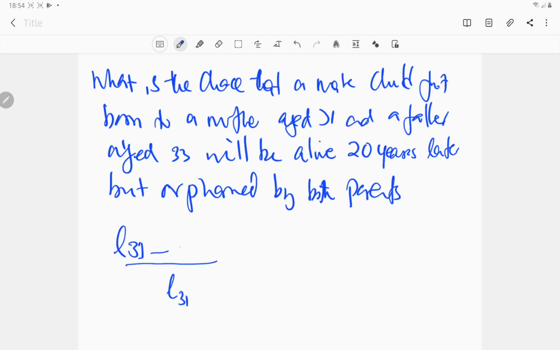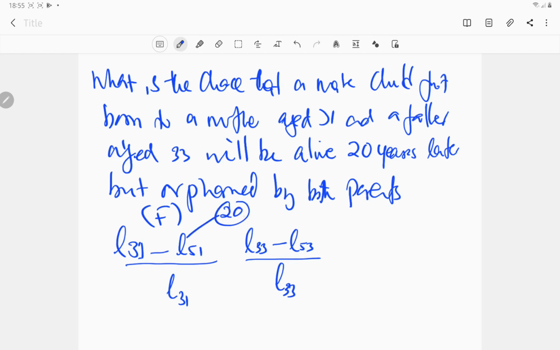So let's assume this one is the female, and this particular person married a man whose age is 33, so he goes from l33 to l53, which is the 20 years that we are talking about in this case.